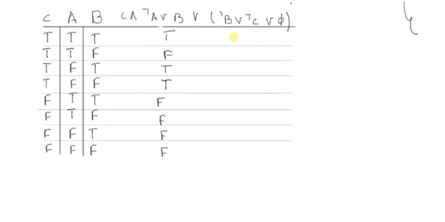For this part of the disjunction, not B or not C or an empty set. So that does not work for any of these. Here we have a not B. So that works. Here we have, B is true. It doesn't matter.